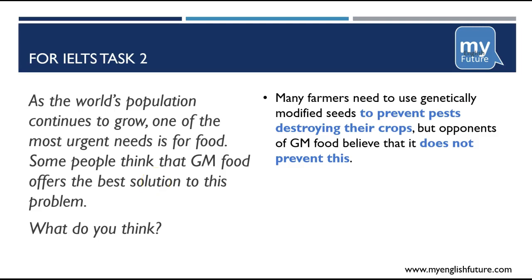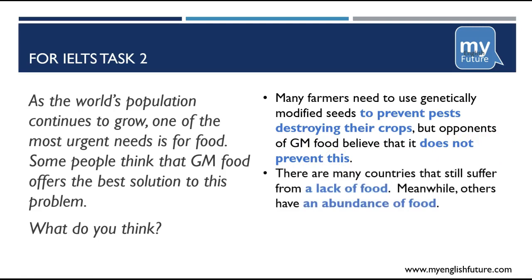But opponents of GM food believe that it does not prevent this. The focus is on the verb to prevent. So the writer repeats the verb, match the verb, does not prevent this.